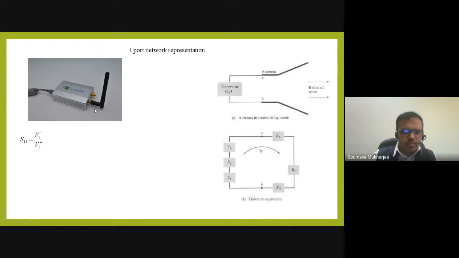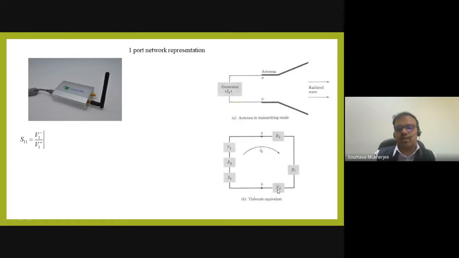If we simplify it, this is my VNA, this is my antenna. Just remove the transmission line part, and then there is a generator and an antenna, and this is how the equivalent circuit will look. The generator has voltage Vg, internal resistance Rg and Xg, and the antenna has the loss resistance RL, radiation resistance RR, and Xa is the reactive part.